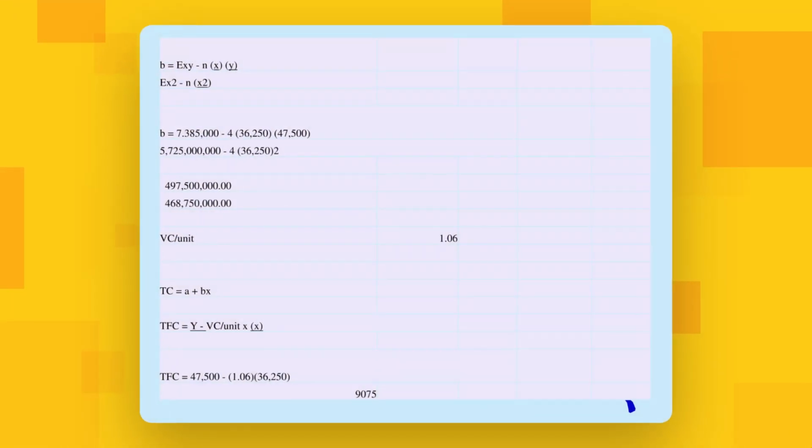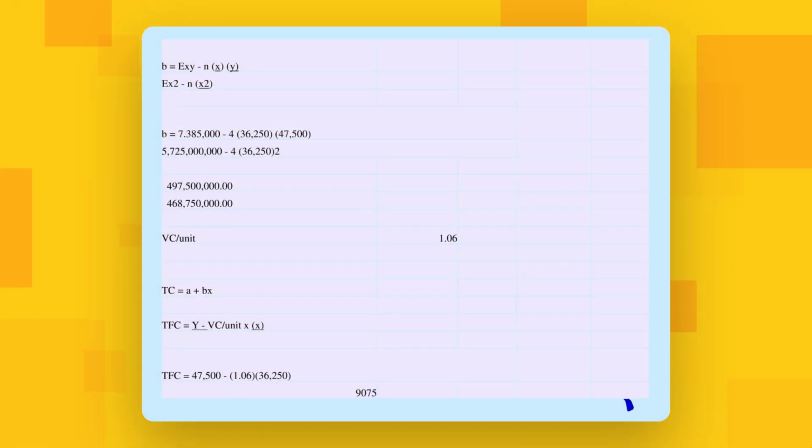Then you have your average of X of 36,250 multiplied by Y average of 47,500, divided by summation of EX squared, which is 5,725,000, then minus 4, the N here, multiplied by the average of X squared, 36,250.